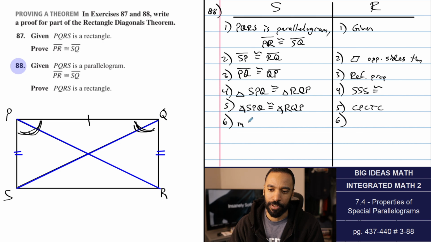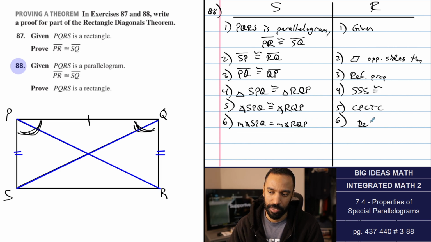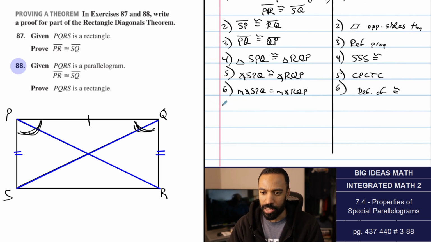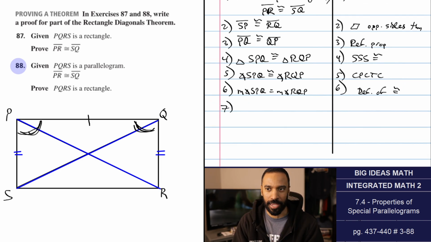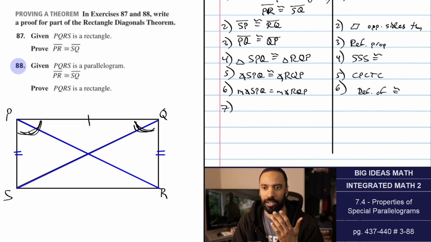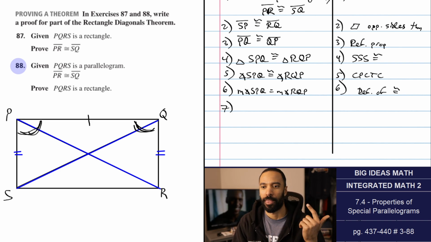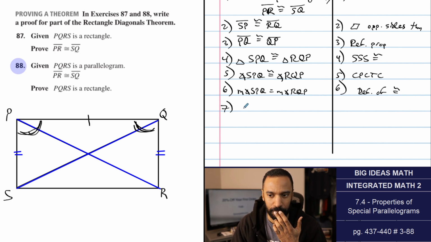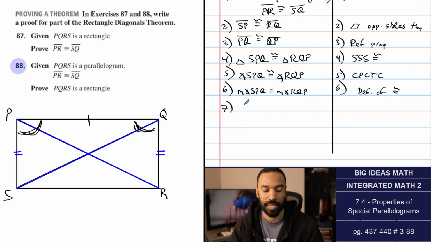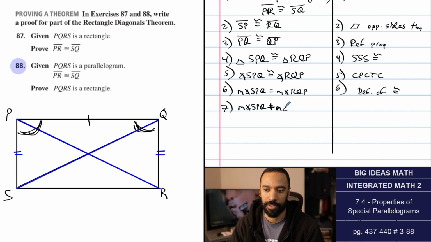Let's say if they're congruent, their measures are equal, by definition of congruence. Okay. So if their measures are equal, basically what I'm going to do is talk about how they add to 180. So the measure of angle SPQ plus the measure of angle RQP equals 180.